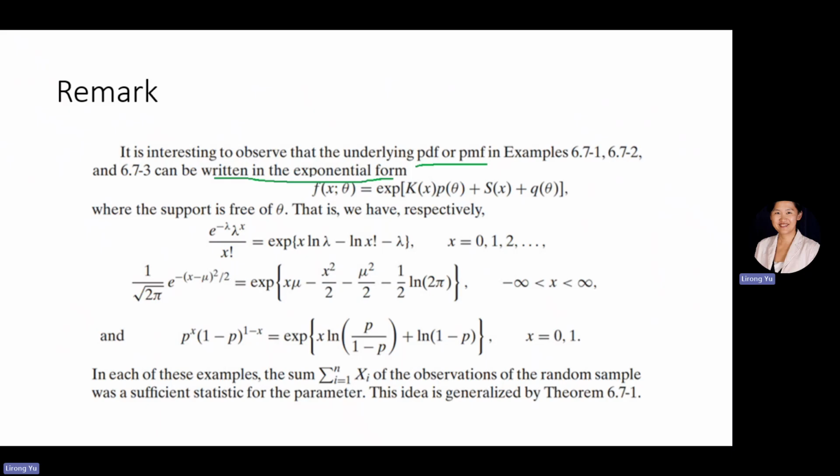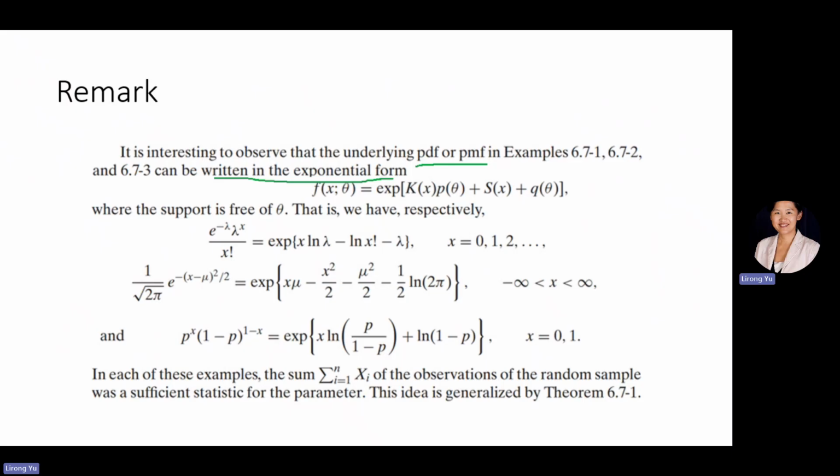And then all you have to do is this is actually e to the negative lambda plus x natural log lambda, and then minus the natural log of x factorial. So then this is now exponential. All we have to do is focus on the exponent. This is a parameter times the variable. This is only related to the variable.